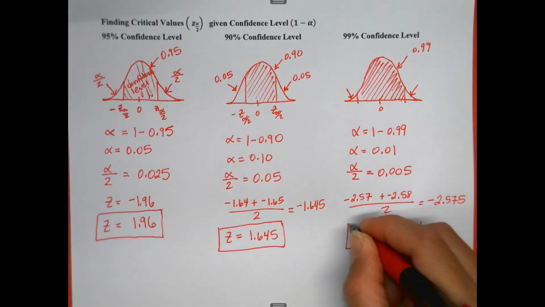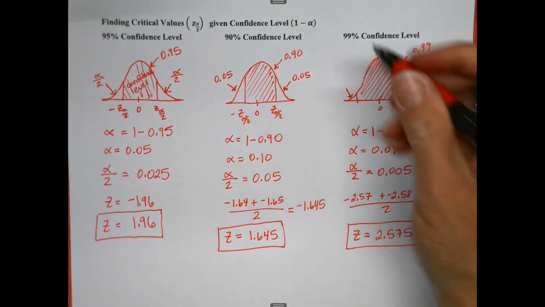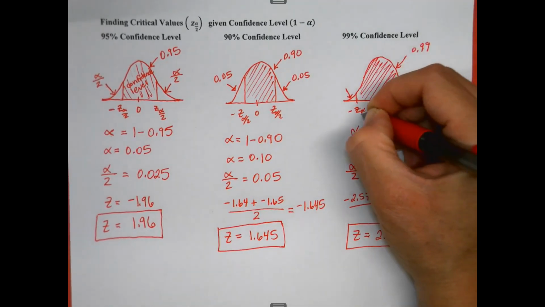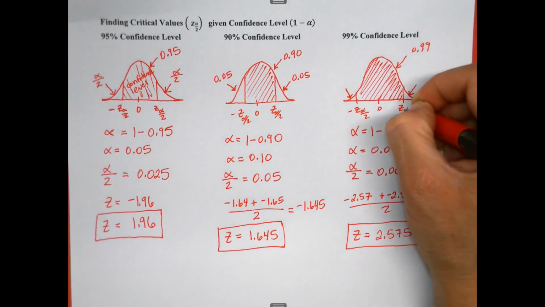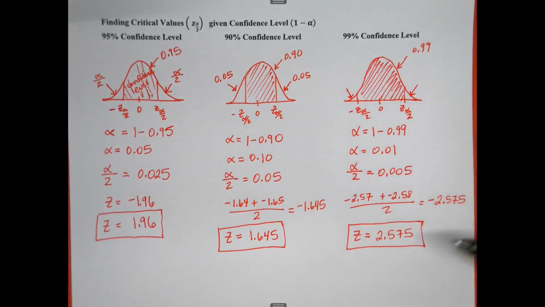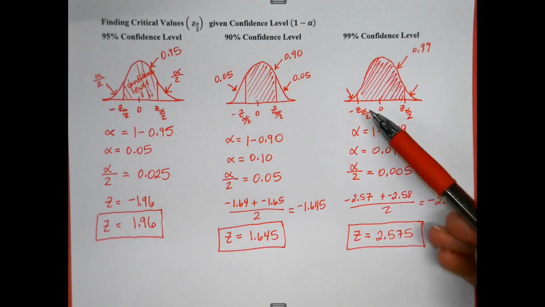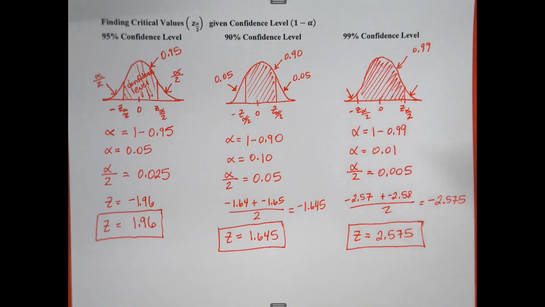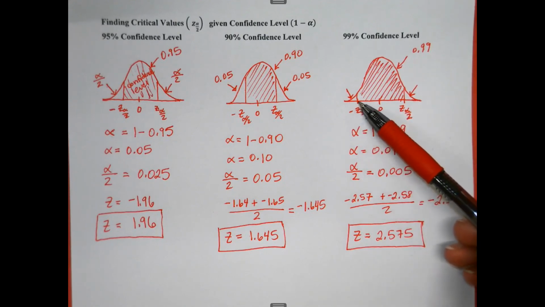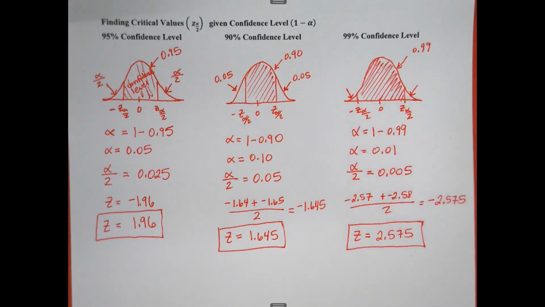And notice, right, one side is negative, this one's negative, and this one over here is positive. We're only going to end up using the positive one, but I use the negative one because it's the easier one to find since the table gives us values to the left. Now, 90, 95, and 99% confidence are the most commonly used confidence levels.